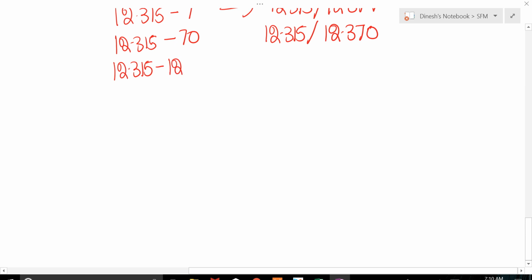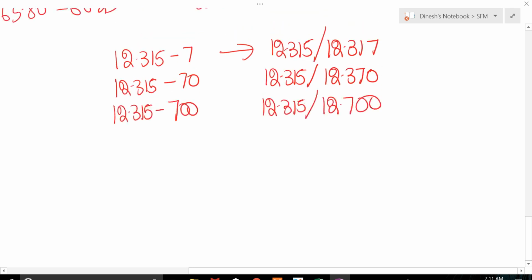This will make it very clear to you. This is how you have to do your interpretation. 12.315/7 is 12.315/12.317. 70 means 370. 700 means the three numbers are 700.